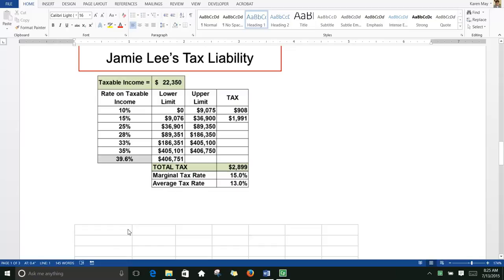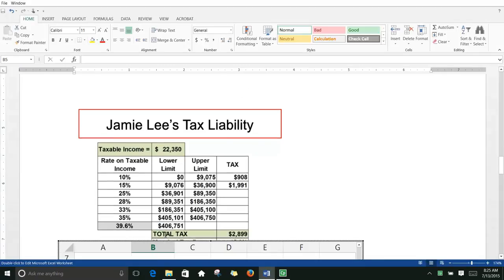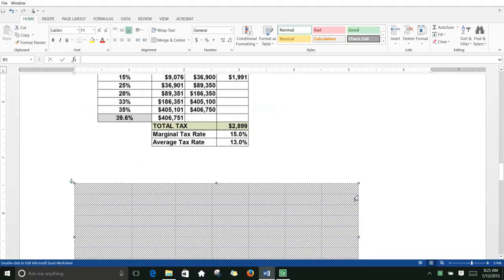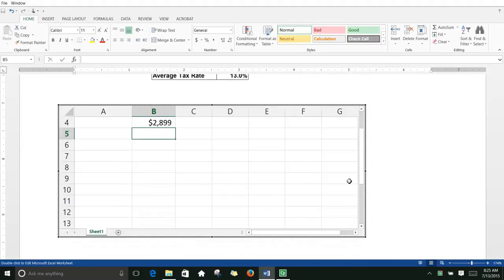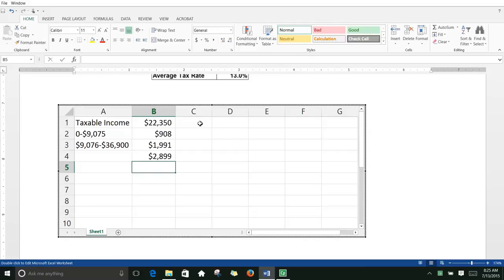Let's calculate Jamie Lee's using a spreadsheet. Jamie Lee has a taxable income, as we just said, of $22,350.